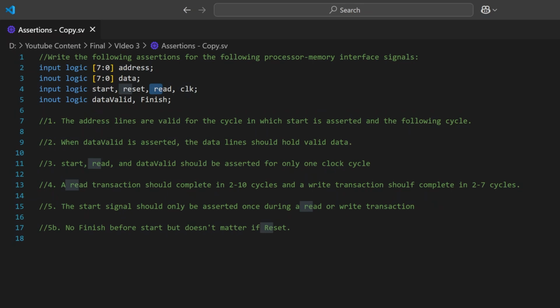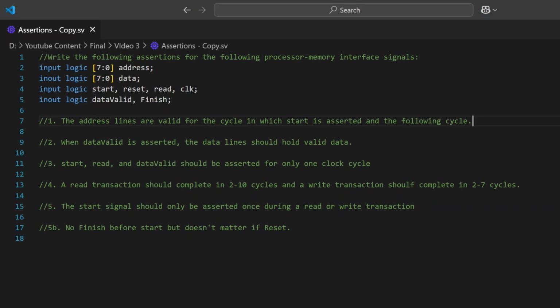And then we have other signals like reset and clock. Then we have some single-bit bidirectional signals including data valid and finish, which indicates that a transaction is complete.